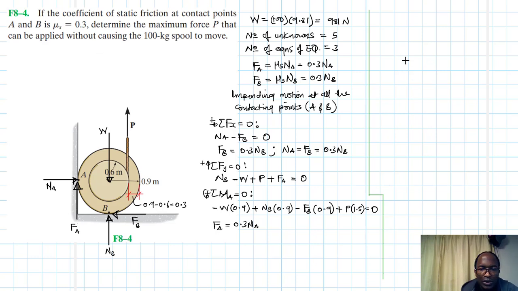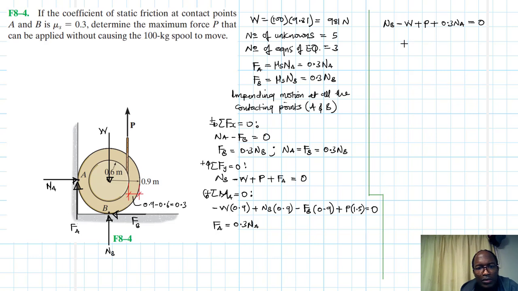Alright, so let's start with the first one. We are saying NB, the summation of forces in the Y, minus W, plus P, then plus FA, and we know FA is just 0.3 NA, equal to 0.